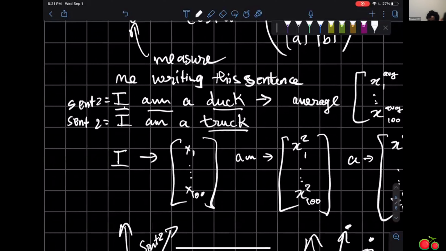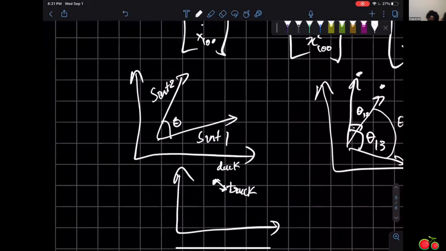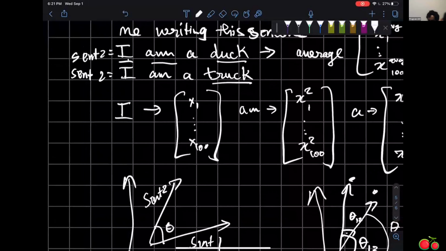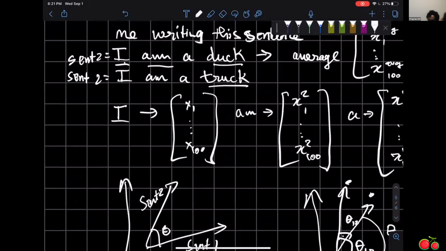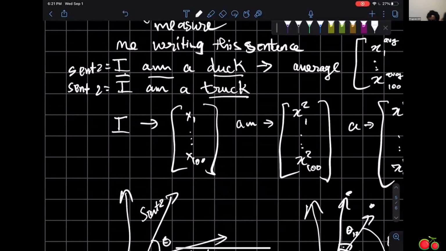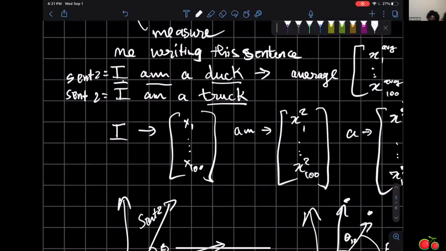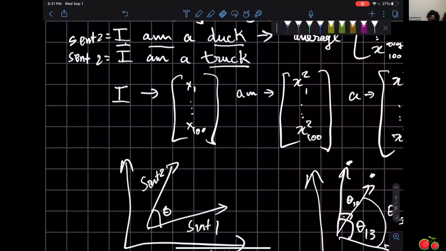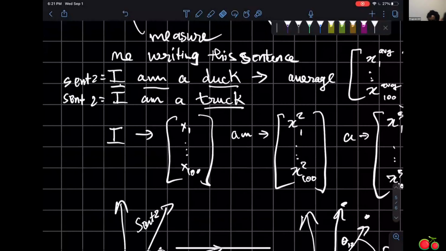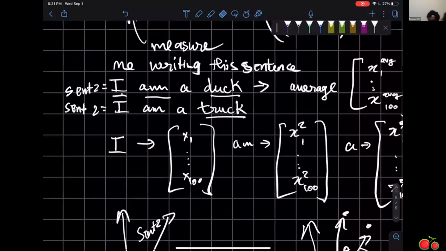Since the words before the word duck and the words before the word truck are exactly the same, there's a relationship between these words in this data set.